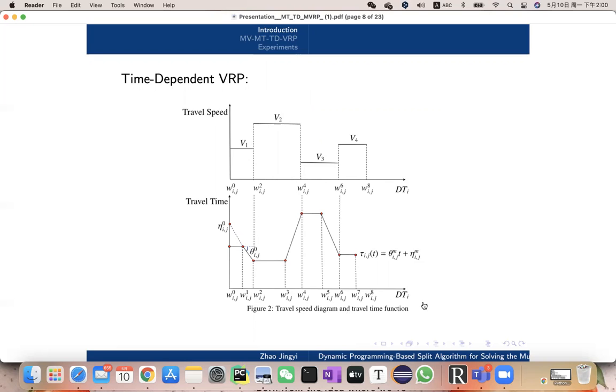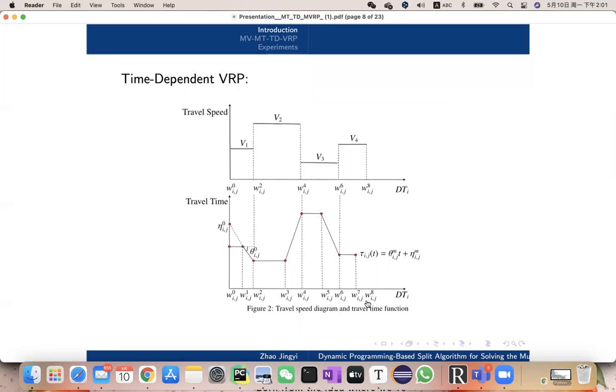So we can get the breakpoints for a single edge, but we want to get the breakpoints for a route, because we know that the sum of piecewise linear functions is still a piecewise linear function.